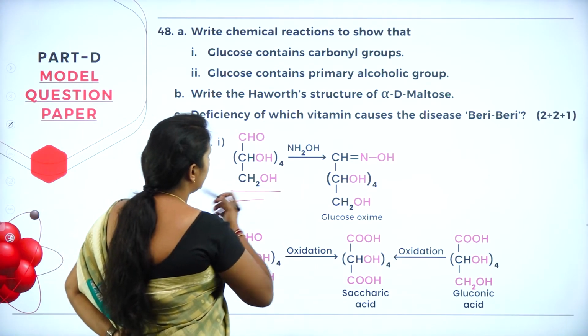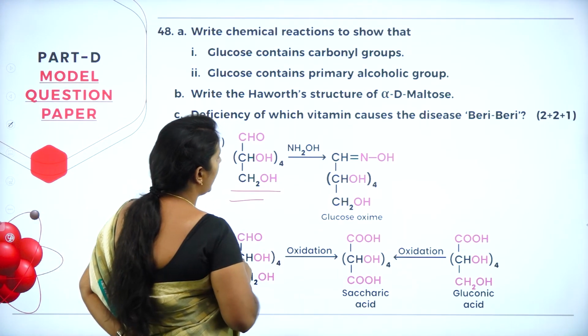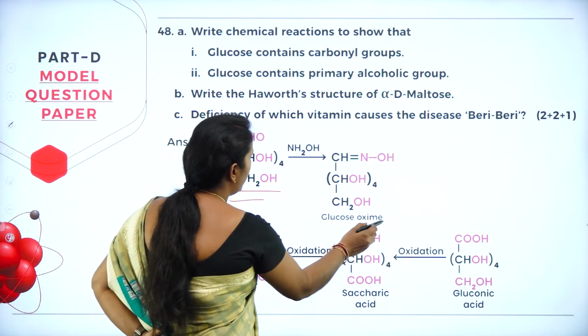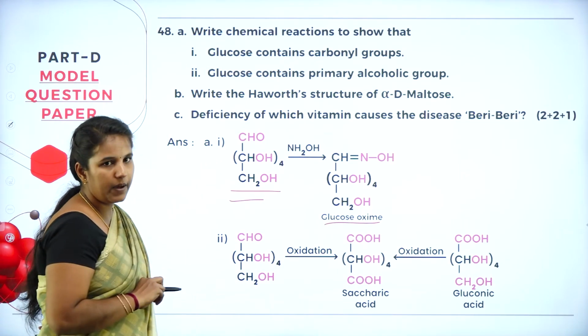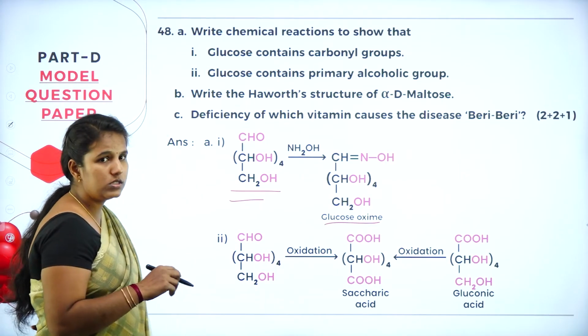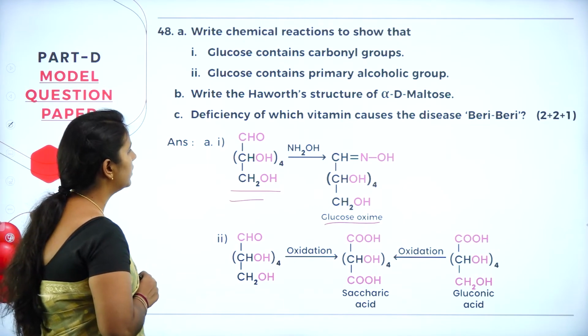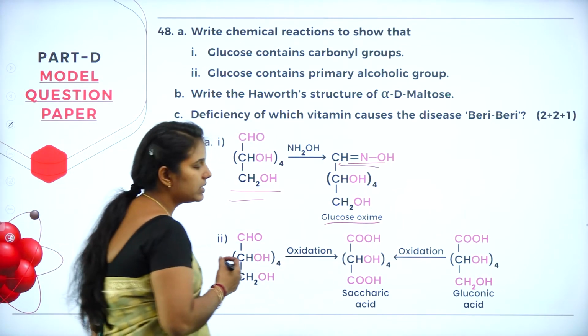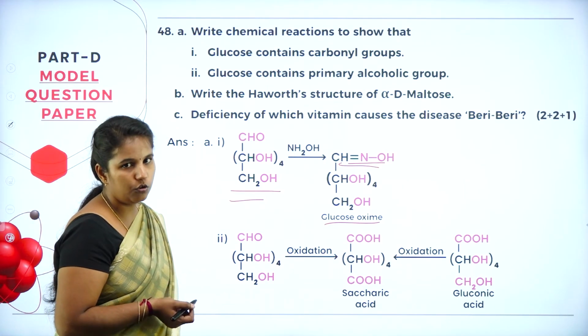First take glucose and allow it to react with hydroxylamine. What will happen? Glucose oxime will be formed. This reaction shows that there is a carbonyl group in glucose.